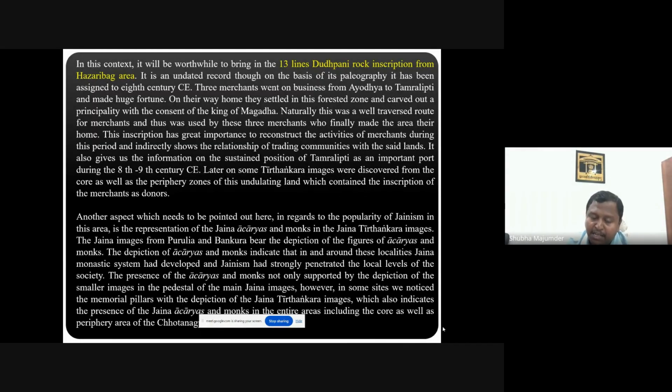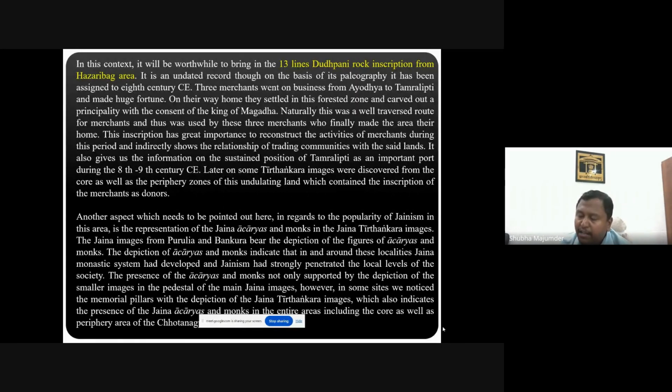The presence of Acharyas and monks is supported not only by smaller images on the pedestal of the main images, but in some places we have also noticed memorial pillars of Jain Acharyas. The pillar contains the image of a Tirthankara without any lanchana, which clearly indicates that it is a memorial pillar for a Jain Acharya.